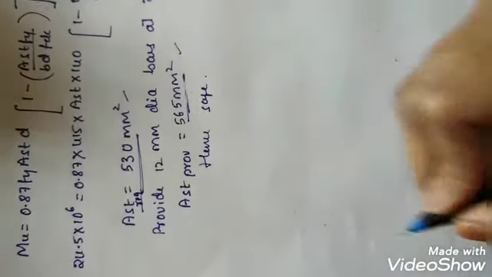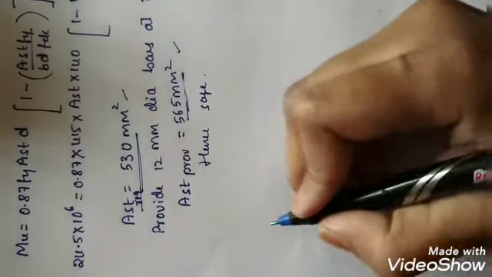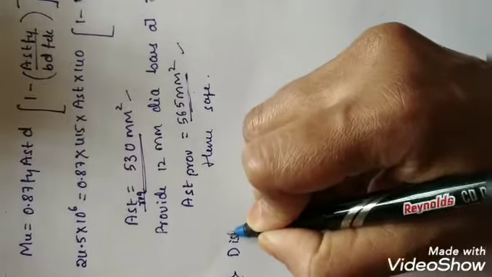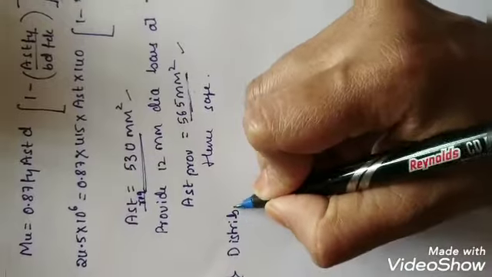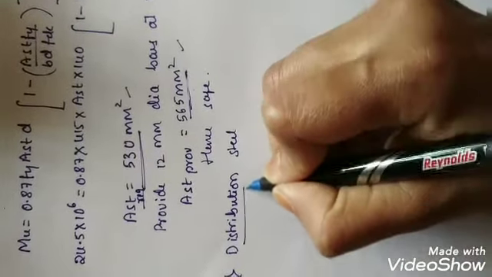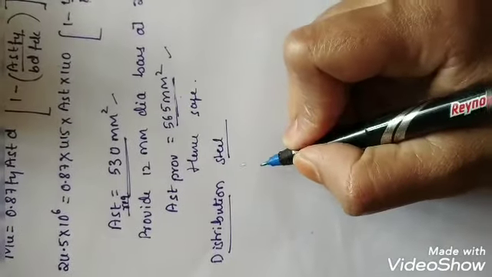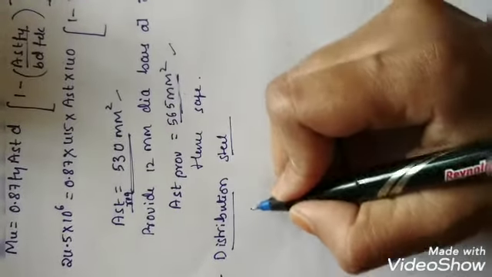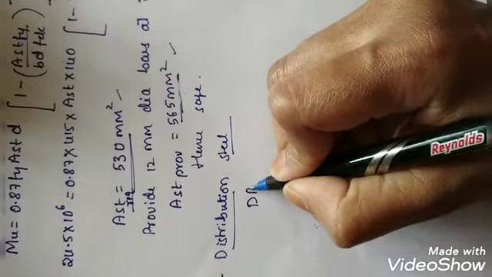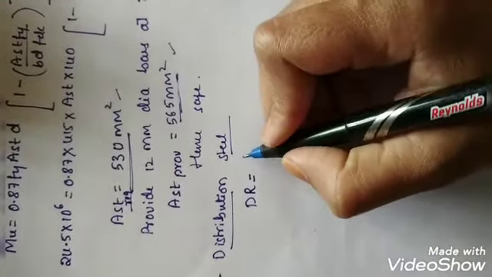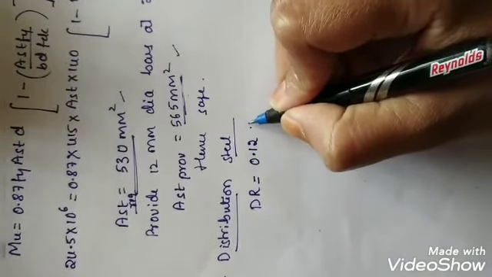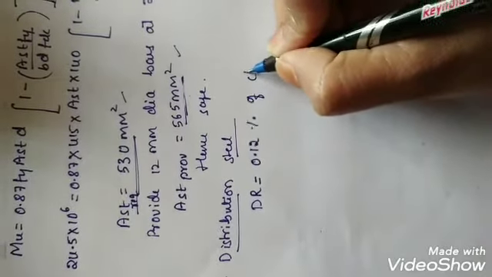After that we need to calculate the distribution steel. Compared to the main reinforcement, distribution steel should have lesser diameter bars. To give support for the main reinforcement, we have provided the distribution steel here. DR is nothing but distribution reinforcement. Usually we can calculate by using the formula 0.12 percentage of cross section.